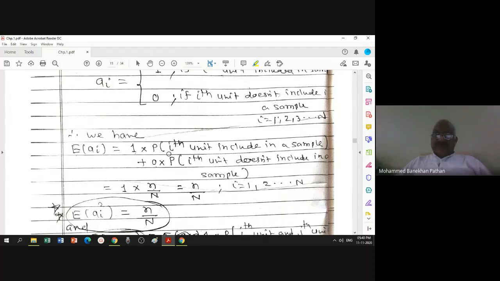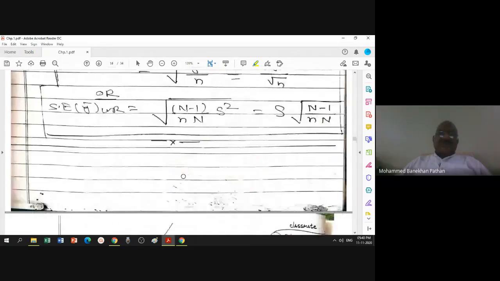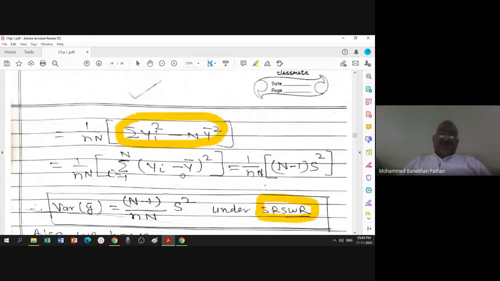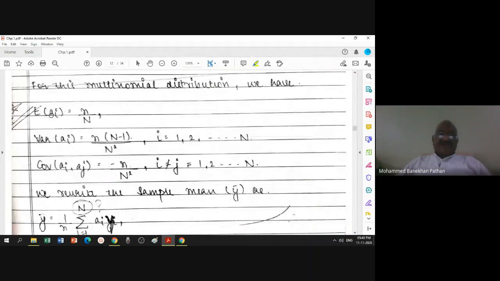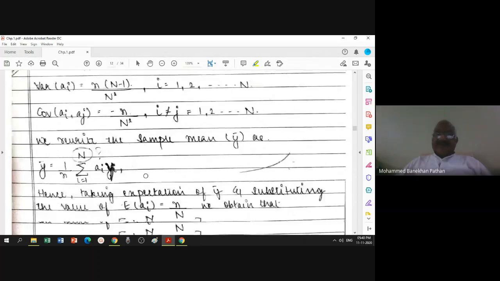We proved the inclusion probability of a specific unit in the sample previously: n upon N. And that is why expected value of ai is n upon N, which I have written in this expression, you can see.